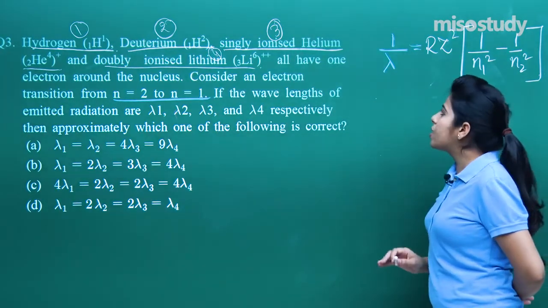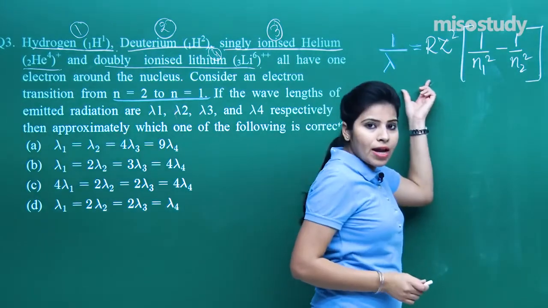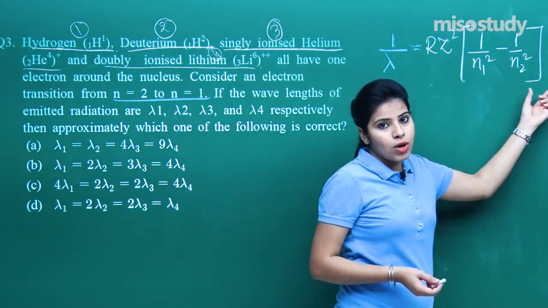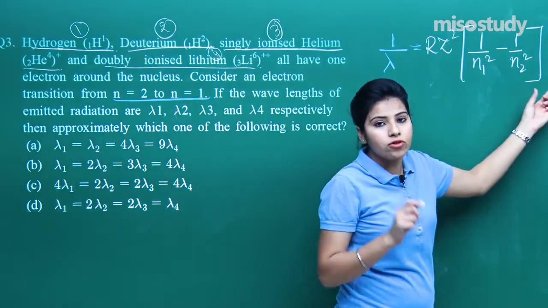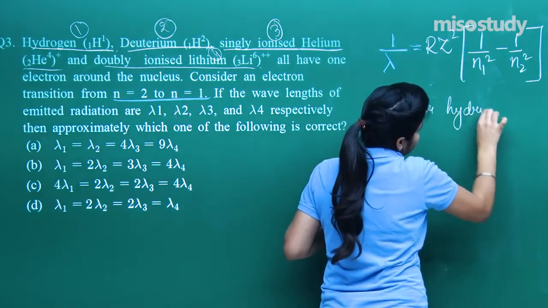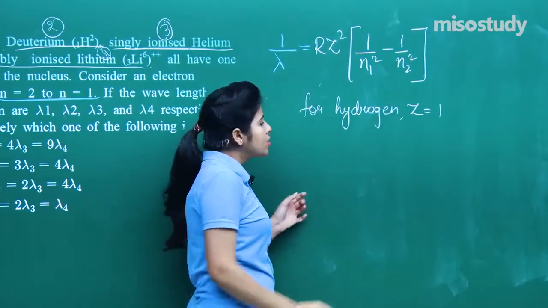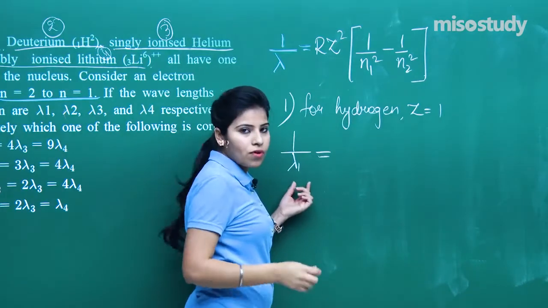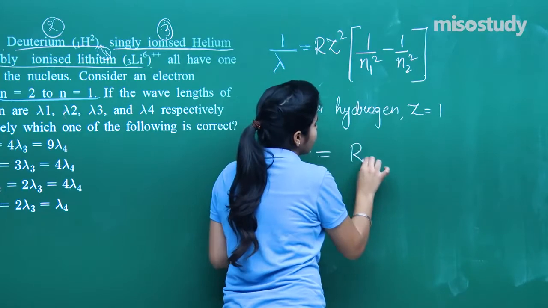Now let us begin the question. We have the formula 1 by lambda equals R Z square, 1 by n1 square minus 1 by n2 square. Considering case number 1, hydrogen, Z equals 1. So 1 by lambda 1 equals R, since Z is 1.